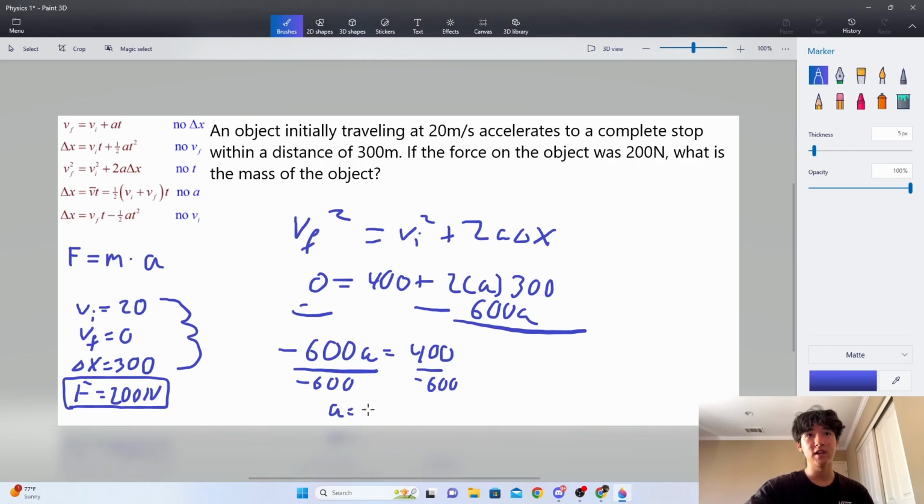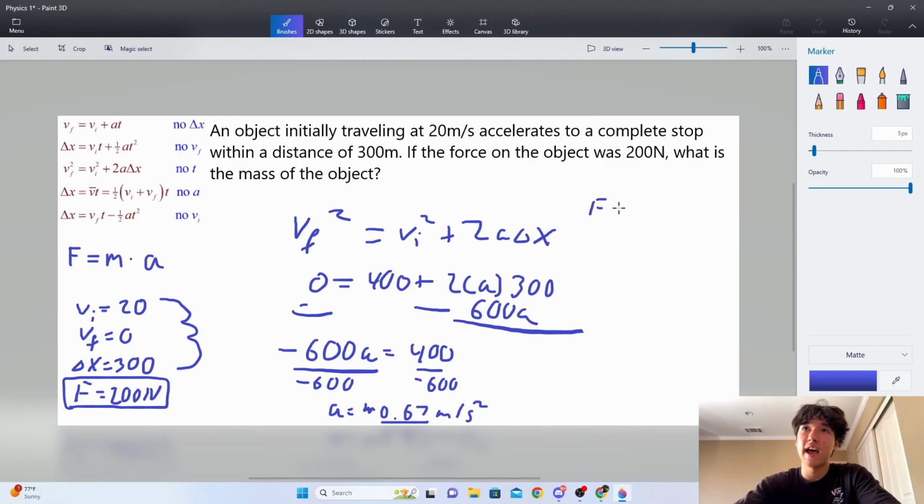Acceleration is going to be a negative number, which is going to be just 2 divided by 3, which is going to be 0.67 roughly, right? If we round. So we have the 0.67, and basically this negative doesn't really matter. So our acceleration is negative 0.67 meters a second squared.